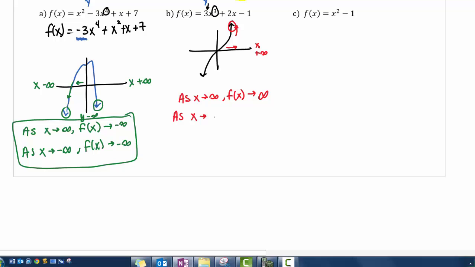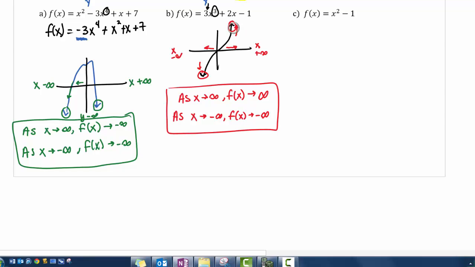As x approaches negative infinity, which is to the left, your y values are going down. So that means they're going to negative infinity. And that makes sense. One's going up, one's going down. They should have opposite end behaviors. So always double check to make sure that your conclusion makes sense.